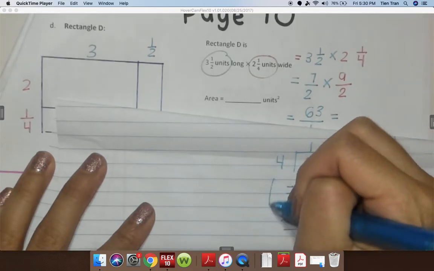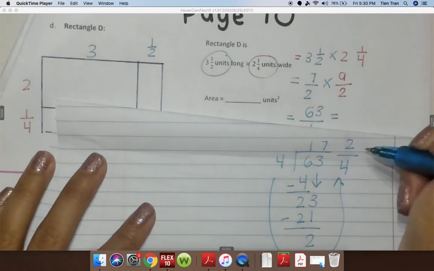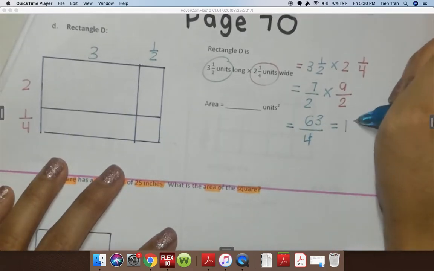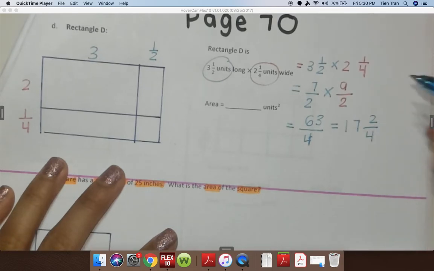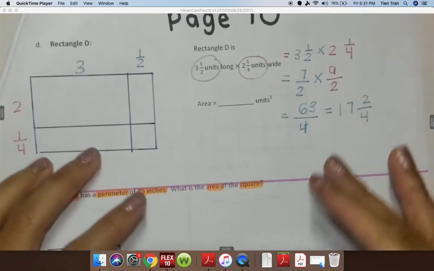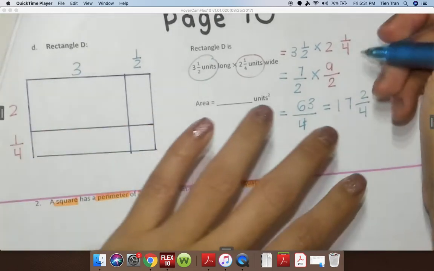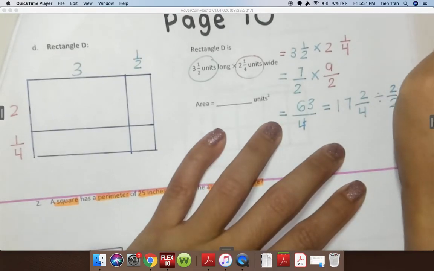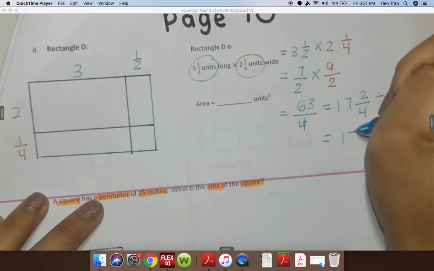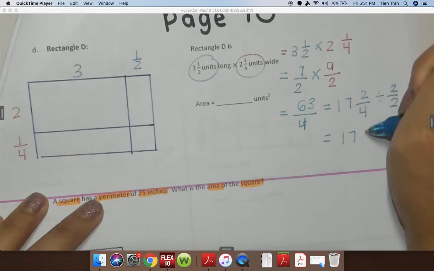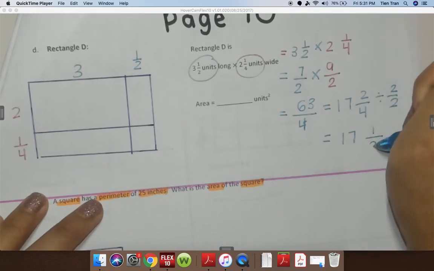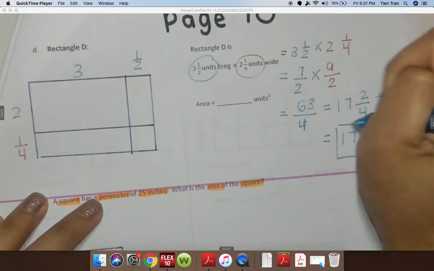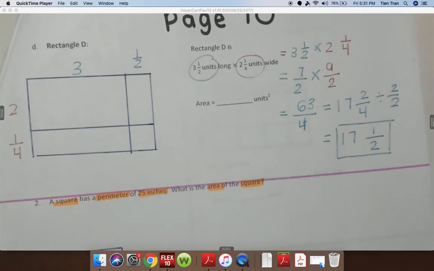So I have my denominator as 4. So my answer is 17 2/4. But if you notice, 2/4 can be simplified further by dividing 2 over 2. So I have 17. 2 divided by 2 is 1. 4 divided by 2 is 2. My final answer is 17 1/2.